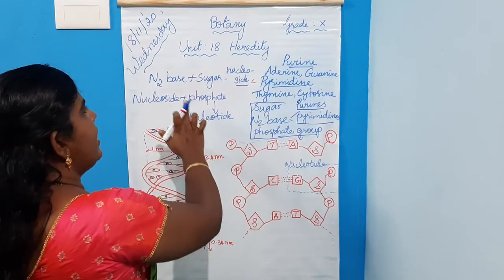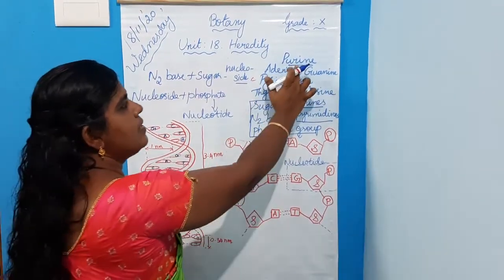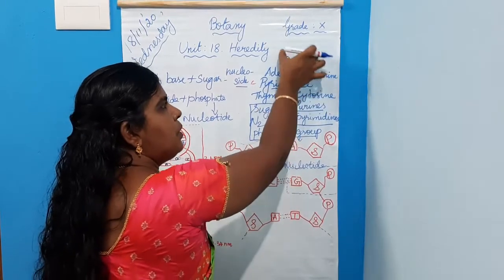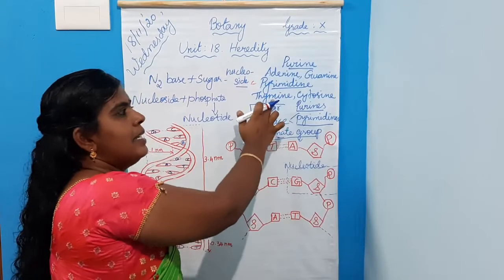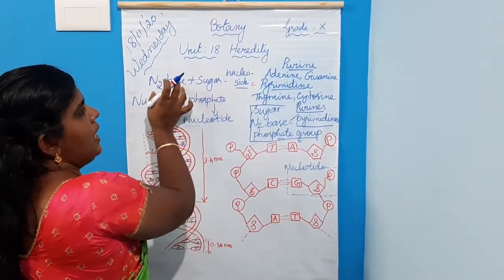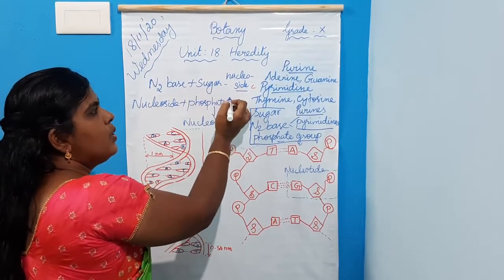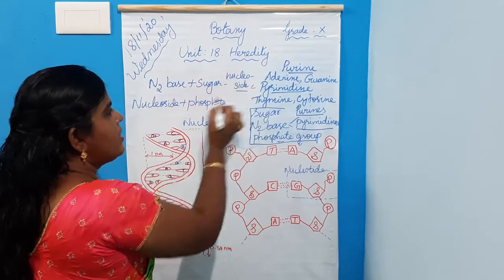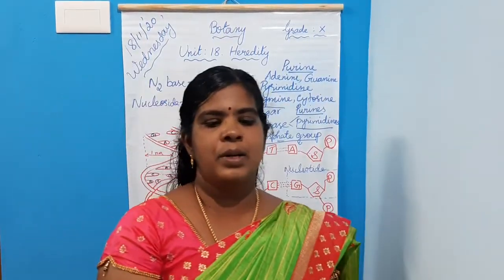The nitrogenous bases are purines, adenine and guanine, and pyrimidines, thymine and cytosine. The nitrogenous base combines with the sugar molecule to form a nucleoside, and this nucleoside combines with the phosphate group to form a nucleotide.